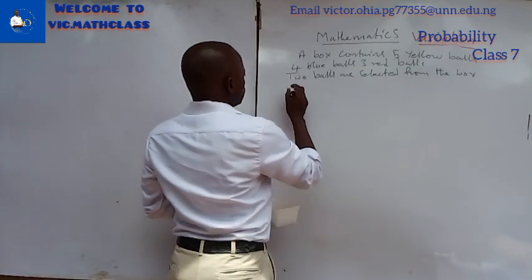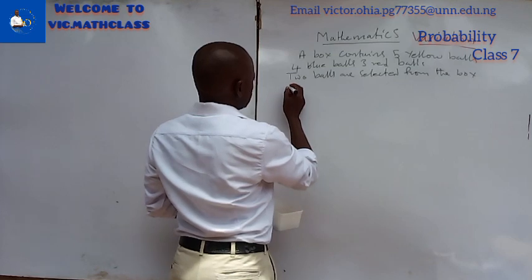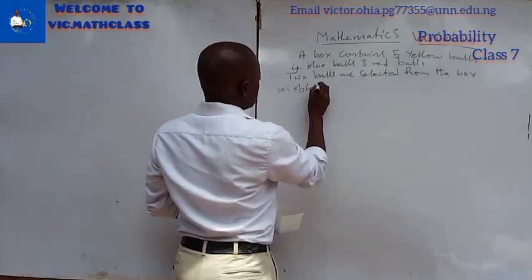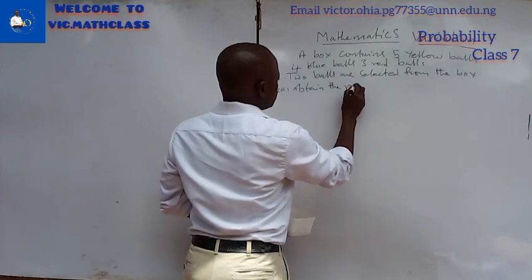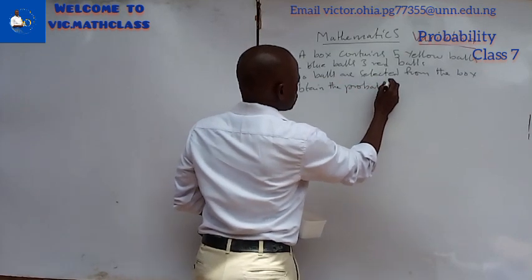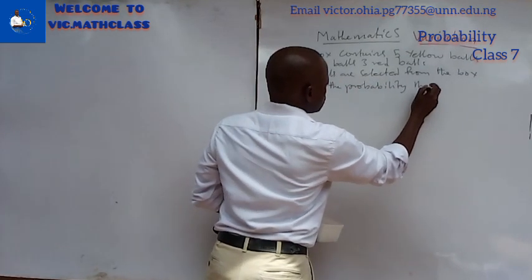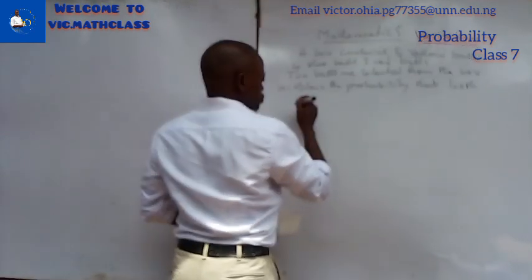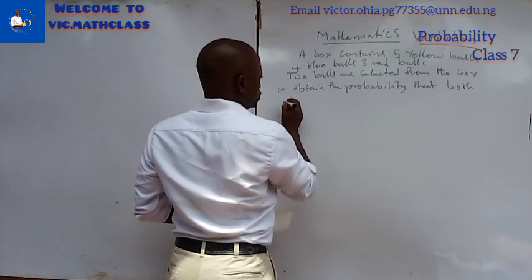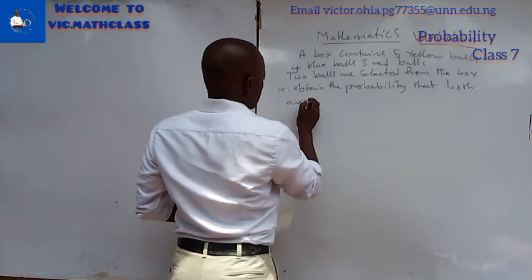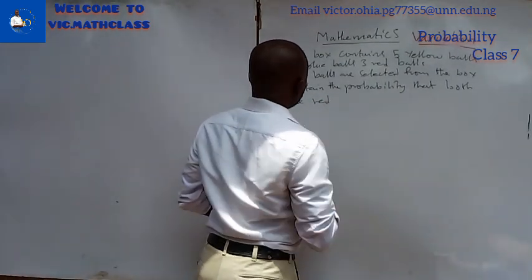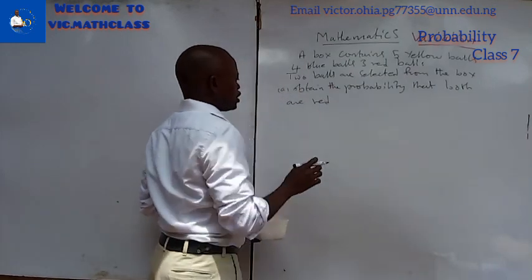Maybe the question now says A, obtain the probability that both are red.